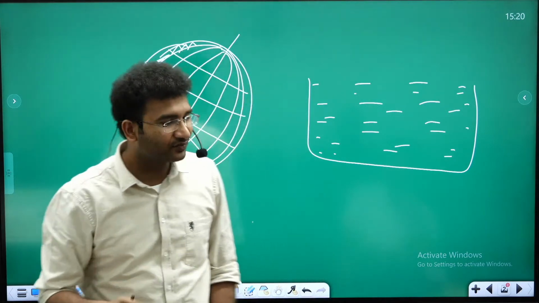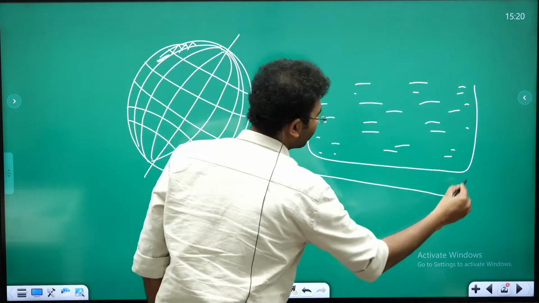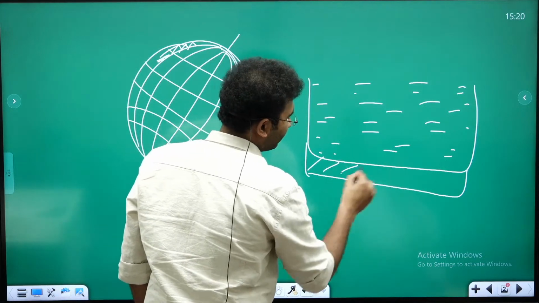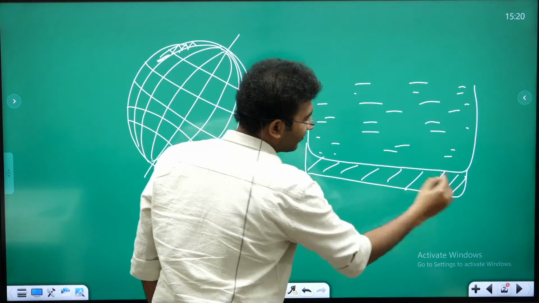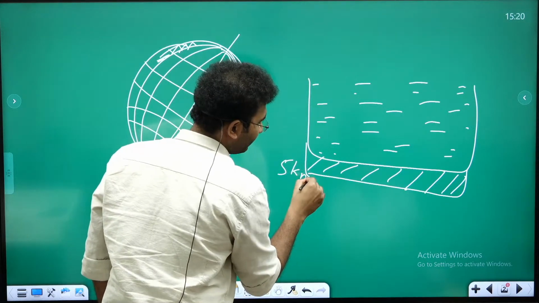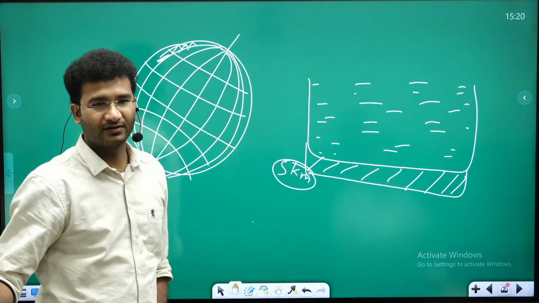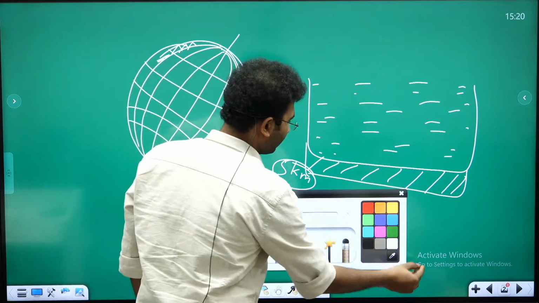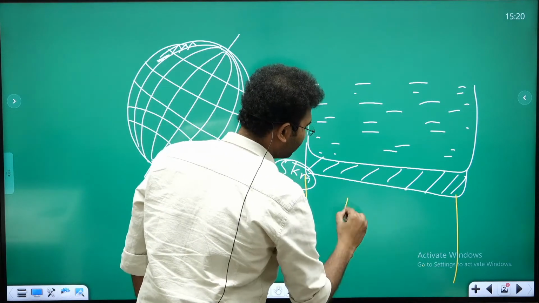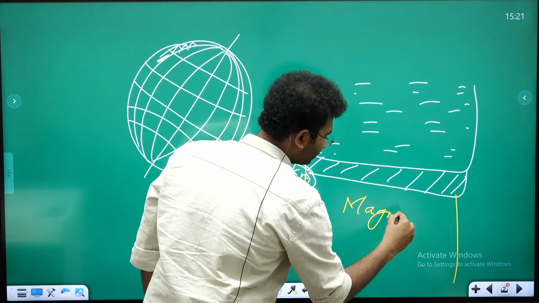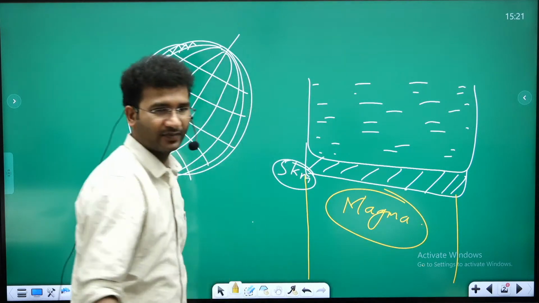The thickness of the oceanic crust is hardly, ये ocean के नीचे जो continent है, it is hardly 5 kilometers. Beyond this, if you dig deep down in the ocean, this is all magma, right?